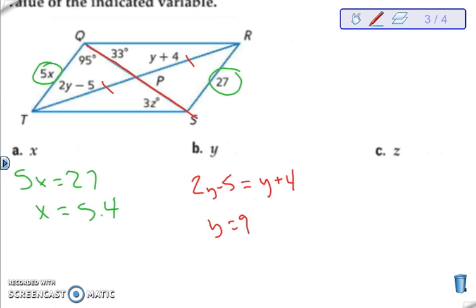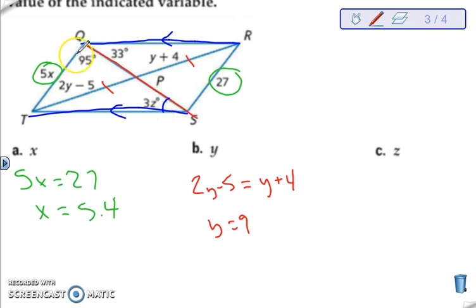Finally, for z, right, we said that all the opposite sides are parallel. Right, so this is going to be parallel to this. I notice that I don't have an angle for z, right?